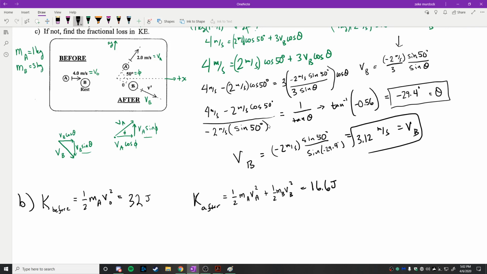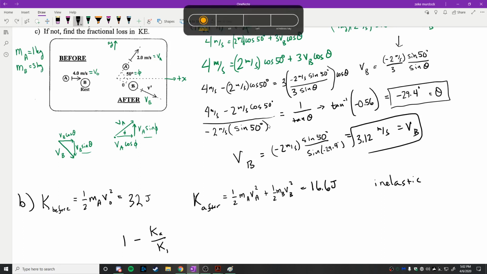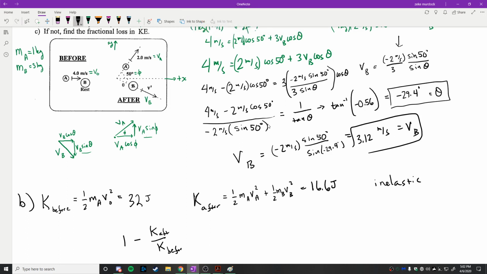So this means that it is an inelastic collision because the energy has been lost. And if you want to find the fractional loss, that's basically 1 minus K after divided by K before. So that's K before, after. This will give us the loss. So it's 1 minus 16.6 divided by 32.